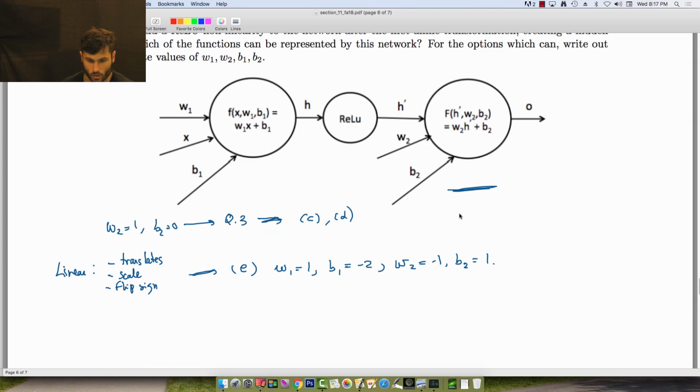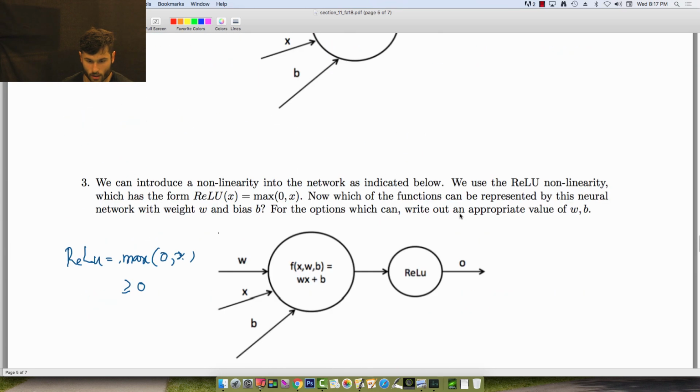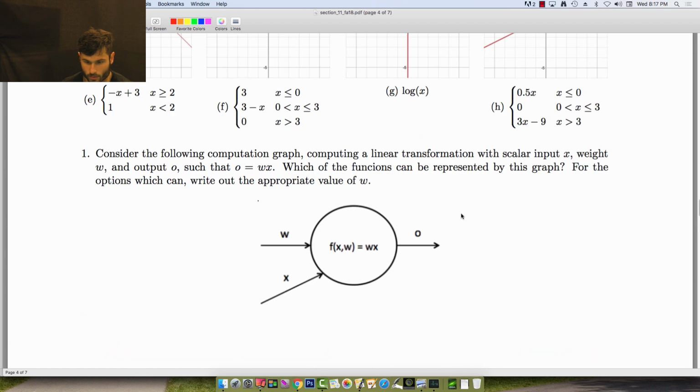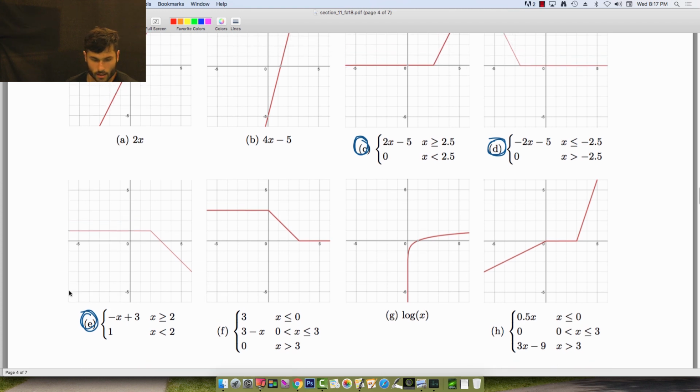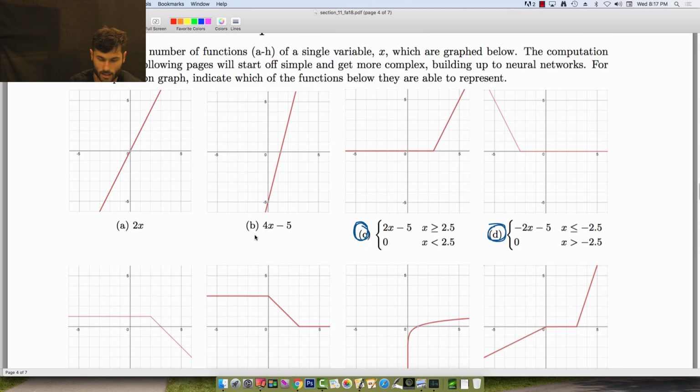Now if we look at the other possible graphs, we can discard A and B because they don't have any flat regions, and we should have two flat regions since we have two ReLUs.